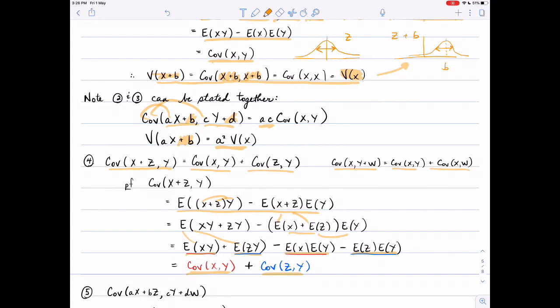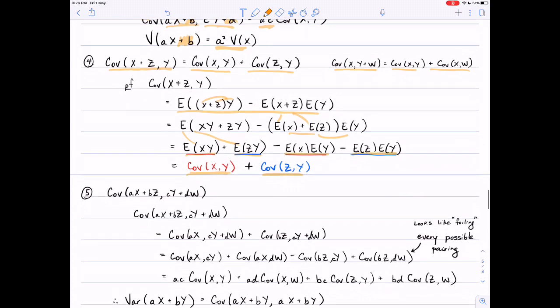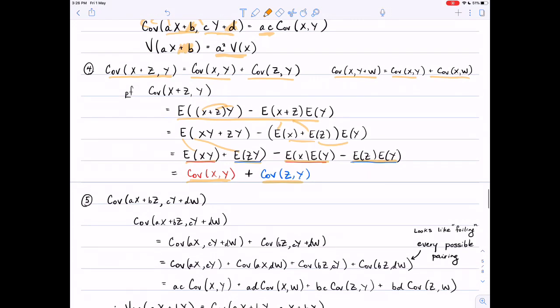So putting this together with a whole linear combination, if we use this property above, and split it up first of all on the x's, then we get the covariance of ax with the second piece and bz with the second piece.